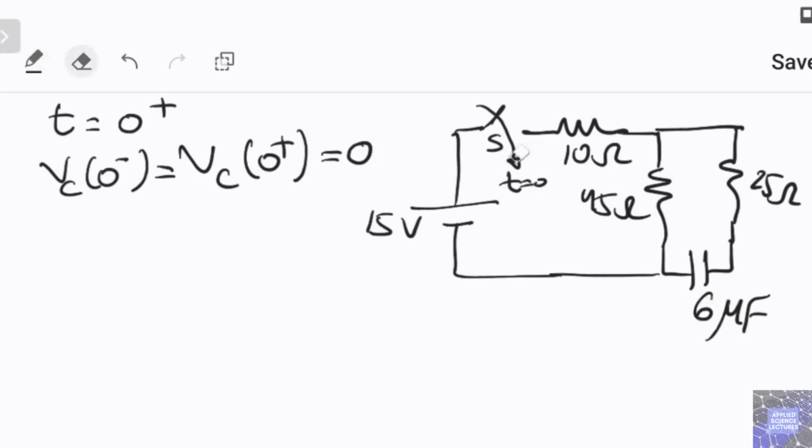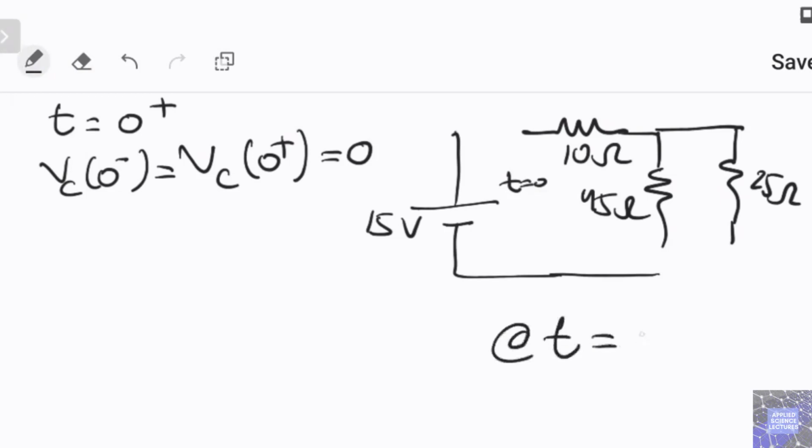So let me delete the switch here and delete this capacitor here, and then call this at t equals to 0 plus, and then replace the capacitor with a piece of wire, and of course now the switch is closed.